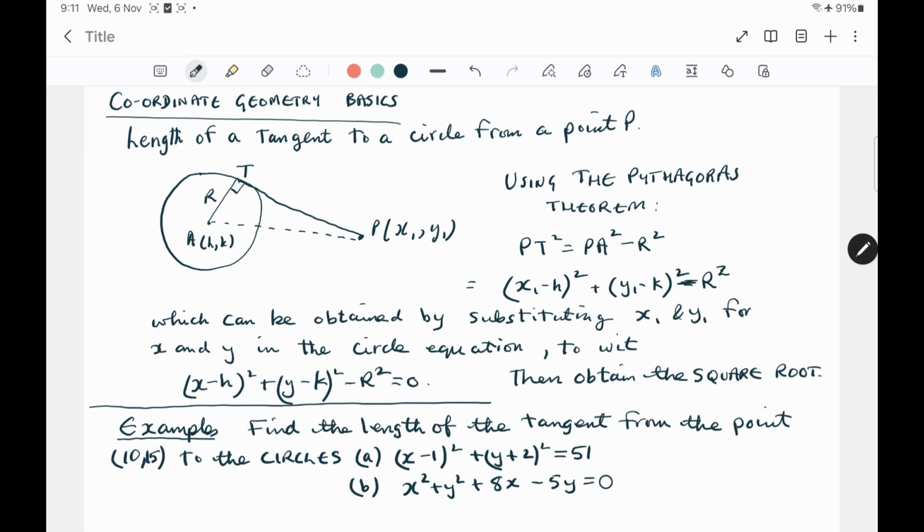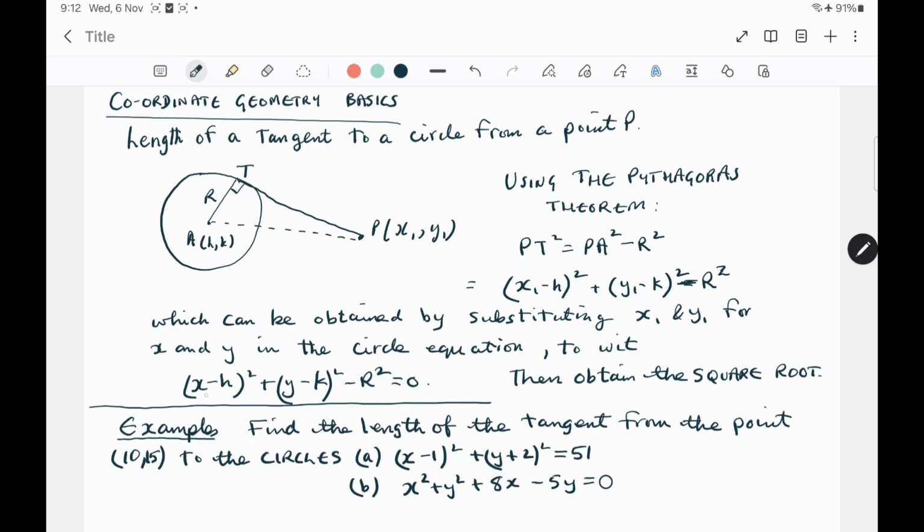And the PA part is x1 minus h all squared plus y1 minus k squared, and then you have the r squared. Now, you could have obtained that by directly substituting x1 and y1 for x and y in the circle equation.